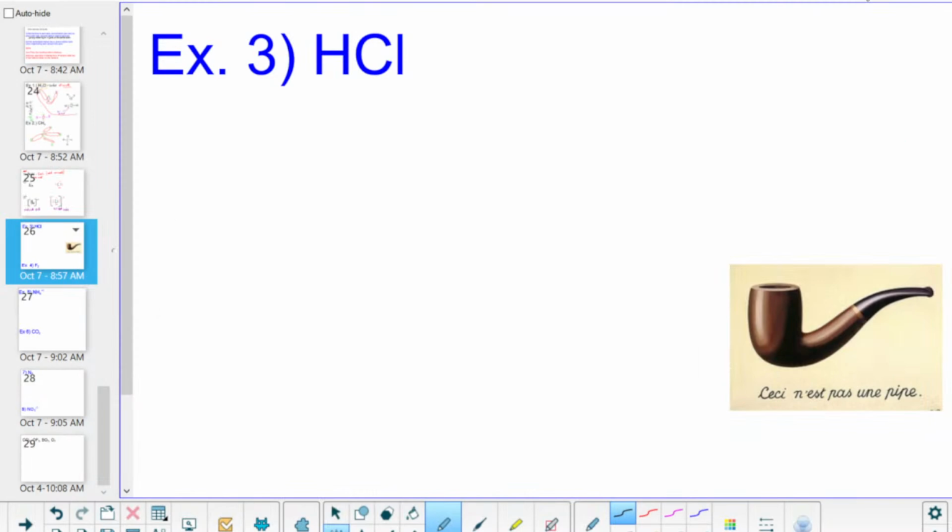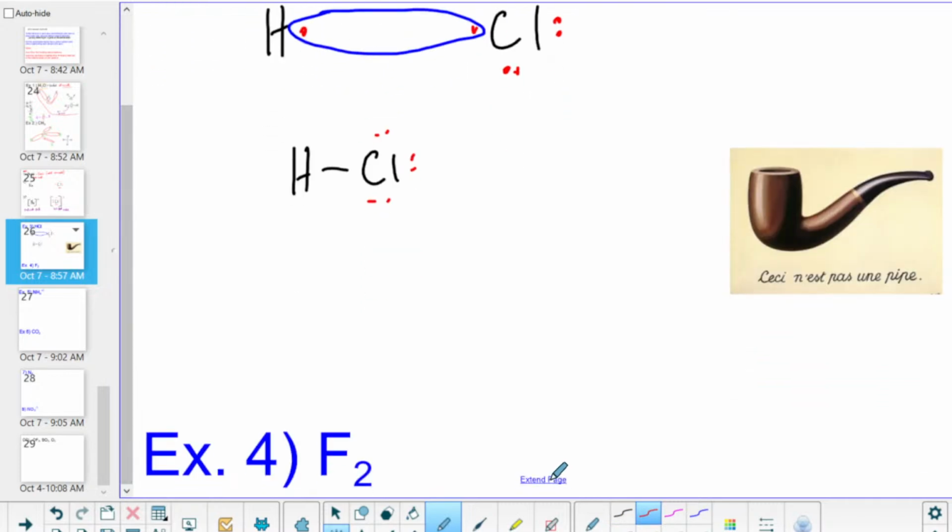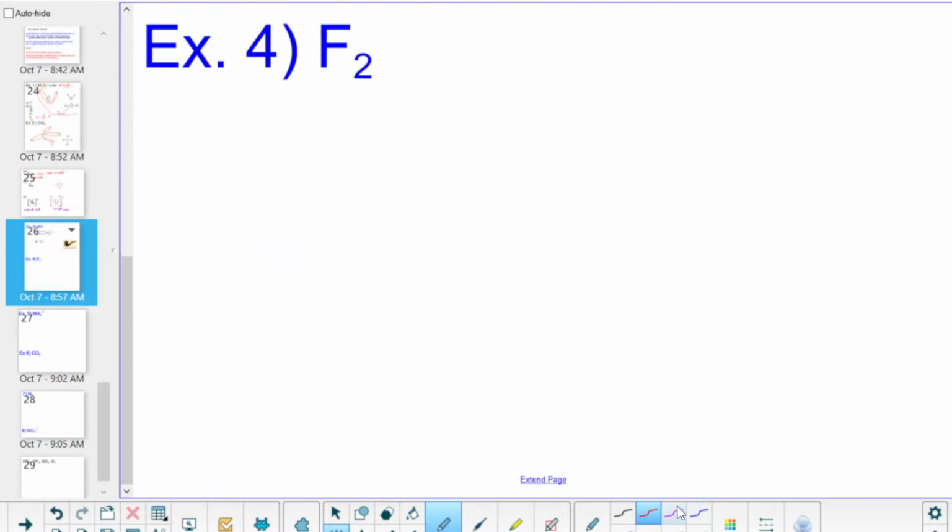I'm doing the old ones on the board so we have a record. 2, so 2, 4, 6, 8. You actually have 5 electrons, but you get rid of 1. It's for a compound. Is this right?